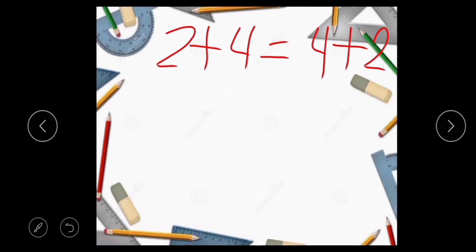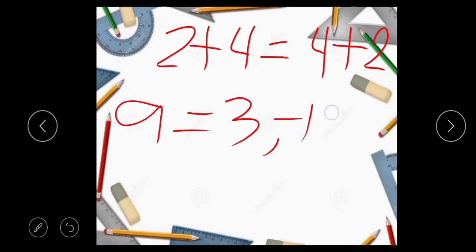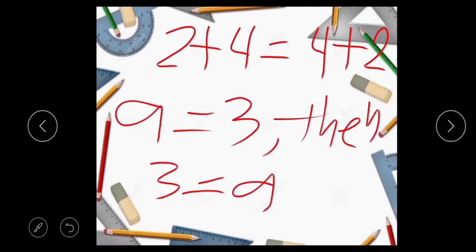And when we do 1 plus 2 plus 3 is equal to 1 plus 2 plus 3, it is an associative property. If A is equal to 3, then 3 is equal to A, like this one. It is a symmetric property.